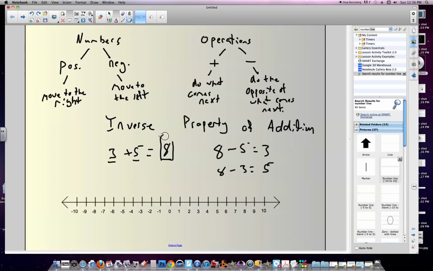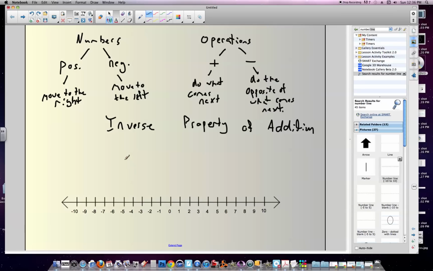And as a consequence, what may be a little bit harder to conceptualize, to picture, is if I have some problem that says, 8 minus 4 equals 4. Hey, let me do a different problem. If I said 8 minus 5 equals 3. When we look at this, we need to realize 8 must be the sum of these two things. And therefore, if I add these two things, I'm going to wind up with that same number I started with.